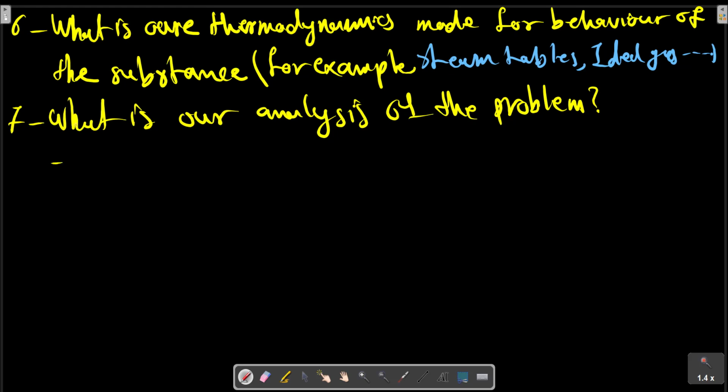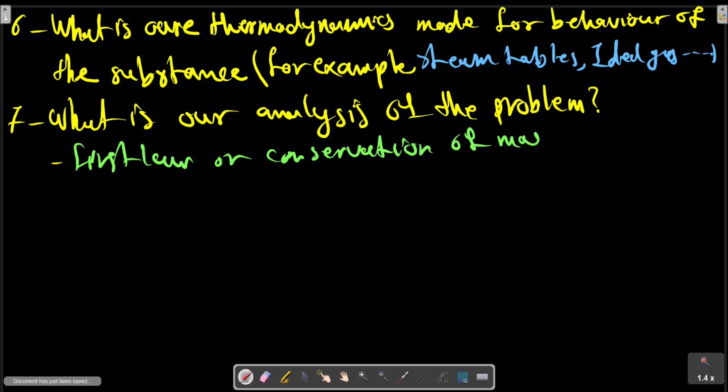For example, conservation of first law, or the control mass.